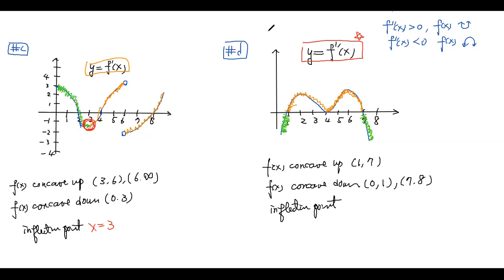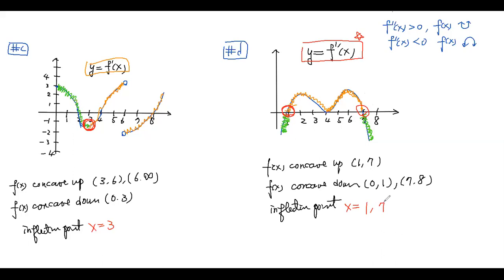The inflection point is where the concavity changes, right? I change from concave down to concave up here, so my first inflection point is x equal to 1. Then here, from concave up to concave down, this is my second, so it's 1 and 7. All right, so I have 2 inflection points here.